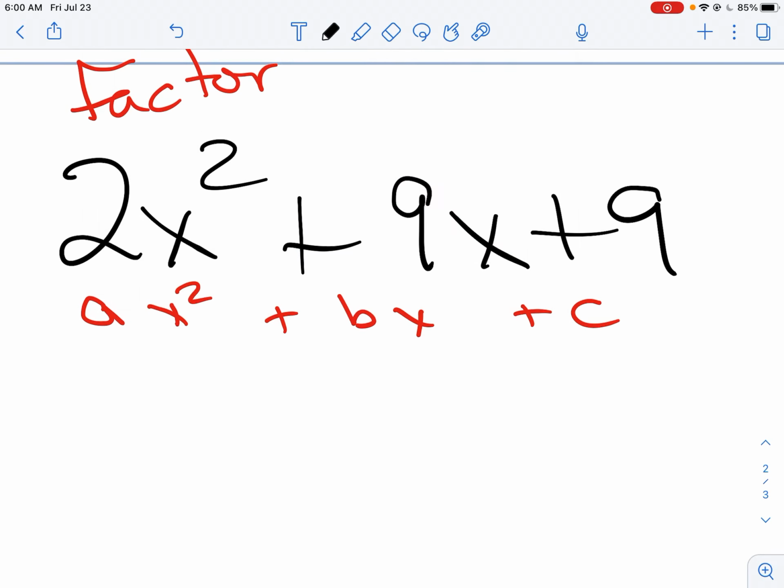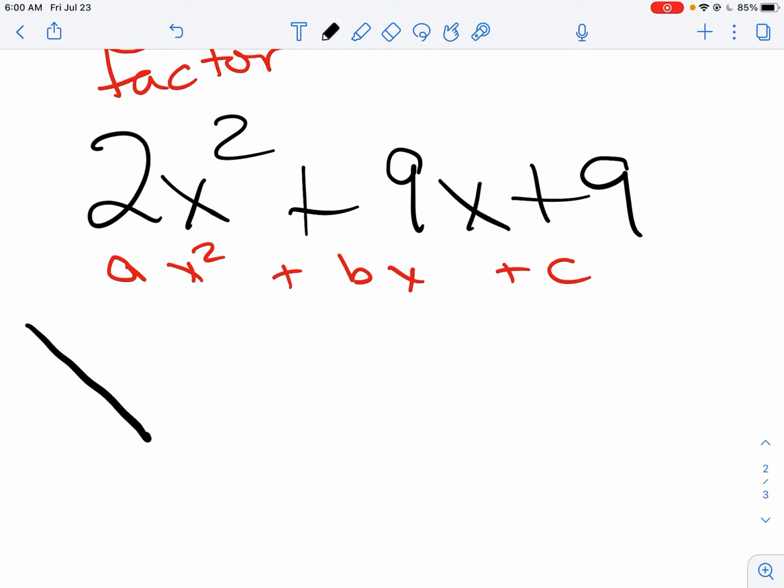And it's not a bad thing, it's just maybe new to you. So we're going to do what's called the x method. So we're going to take this trinomial and we're going to make it into something that has 4 terms in it.